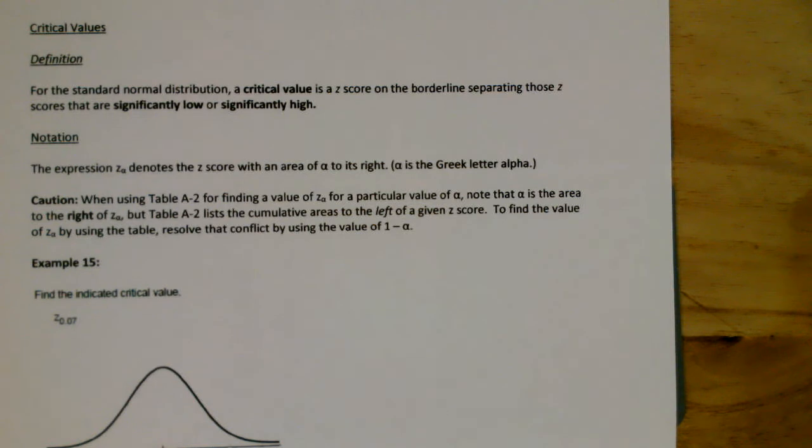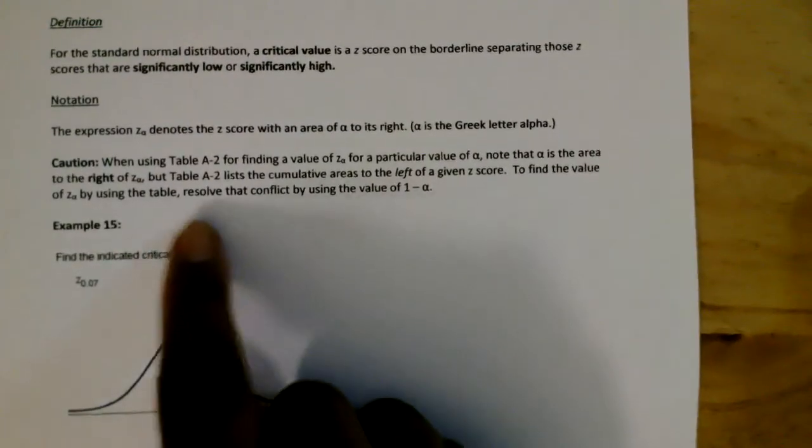For a standard normal distribution, a critical value is a z-score on the borderline separating those z-scores that are significantly low or significantly high. Critical value is going to be a z-score on the borderline separating the z-scores that are significantly high or significantly low. And here's the notation.